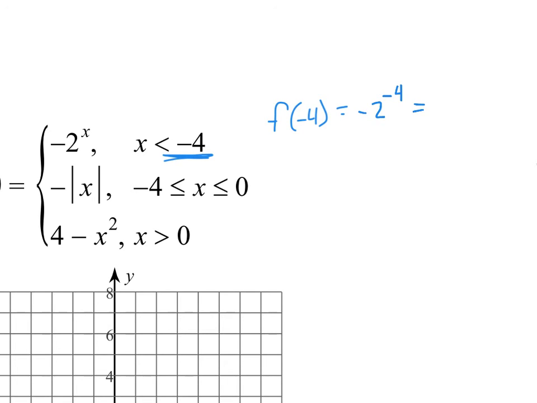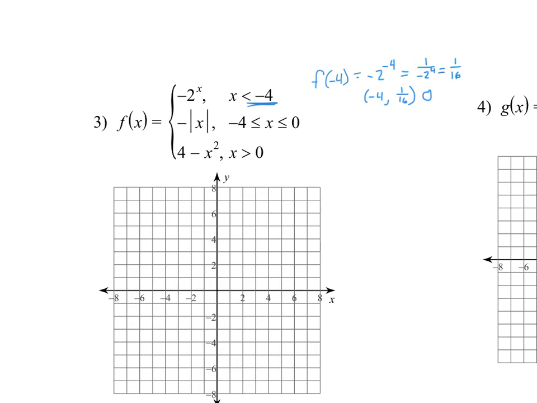That negative 4 just makes our negative 2 a fraction. So this would be 1 over negative 2 to the 4th power. And then negative 2 to the 4th power would be 16. So this is 1 over 16. So when x is negative 4, y is 1 over 16. And then this is an open circle since it's just a less than sign.